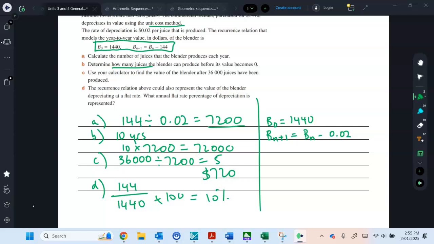Yeah, that's probably why it was converted to per year, because that's going to take us a very long time if it's just 2 cents. As a rule, we've got 1,440 minus 0.02 n. So you could do it as a unit cost there.